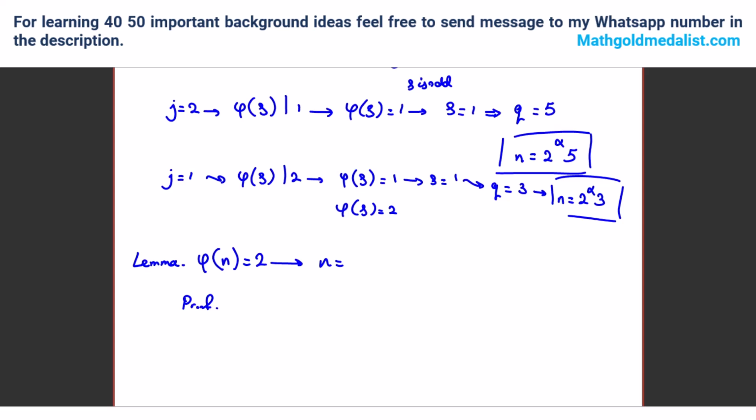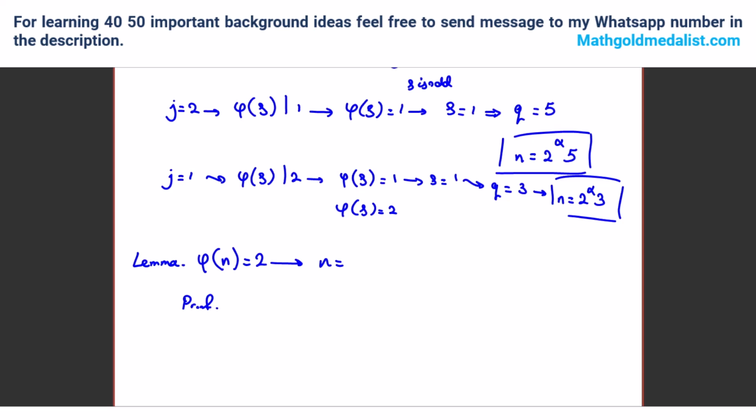No, because I said n is p1 raised to alpha 1, p2 raised to alpha 2 until pk raised to alpha k. And then I proved contradiction if k is greater than or equal to 3, so k less than or equal to 2. And so if k is 1, I got that p1 is 2 or p1 is 3, so it's 4 or 6, 4 or 3 there. Or if k is 2, then I got it becomes 6.